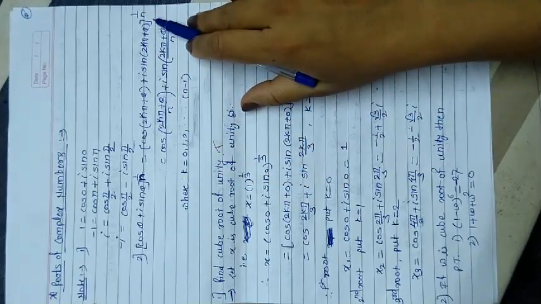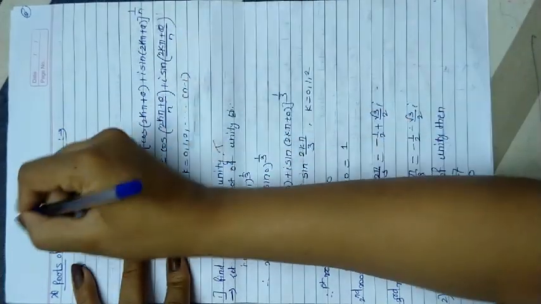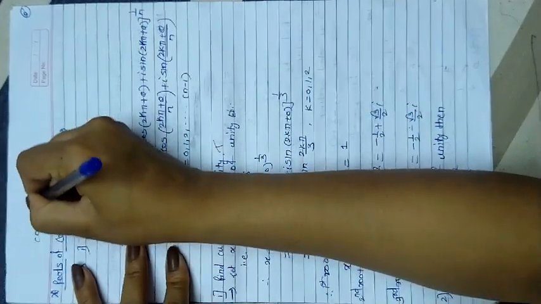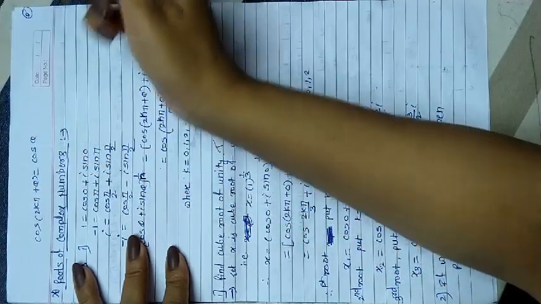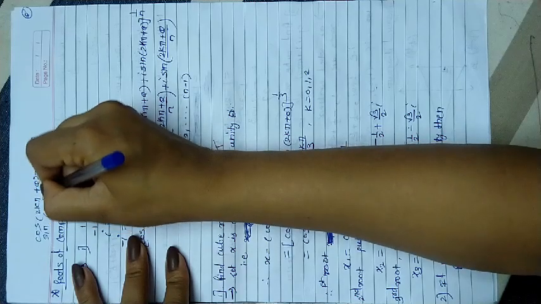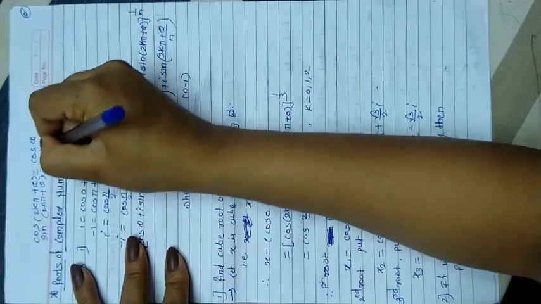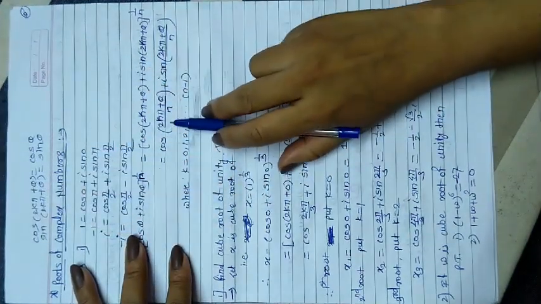Then raised to 1 upon n. These are equal because we know this identity, that cos of (2k pi plus theta) is nothing but cos theta. Also for sine, it is the same: sin of (2k pi plus theta) is equal to sin theta. We use this identity here.